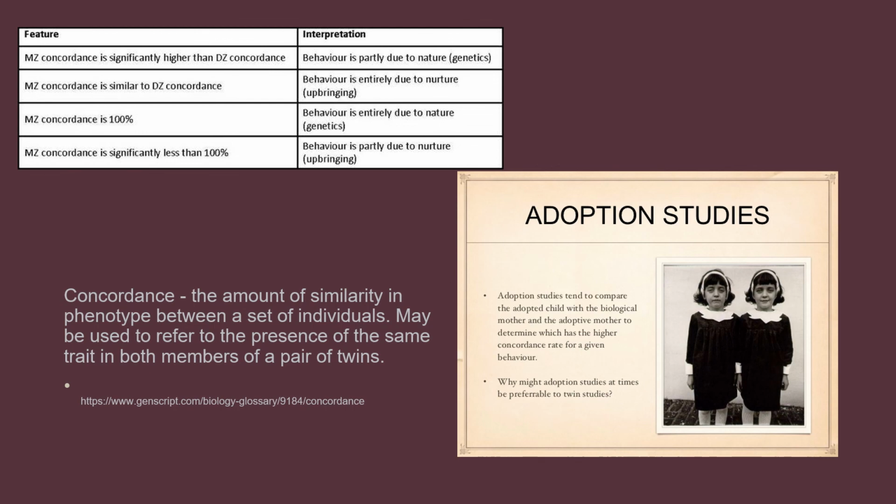Adoption studies tend to compare the adopted child with the biological mother and the adoptive mother to determine which has the higher concordance rate for a given behavior. Okay, halimbawa, yung adoption studies, meron kang yung anak, yung na-adopt, matalino, tapos titignan mo kung matalino ba yung biological mother niya, or titignan mo kung matalino yung nagpalaki sa kanya. So, para natin malaman if it's due to nature or due to nurture.